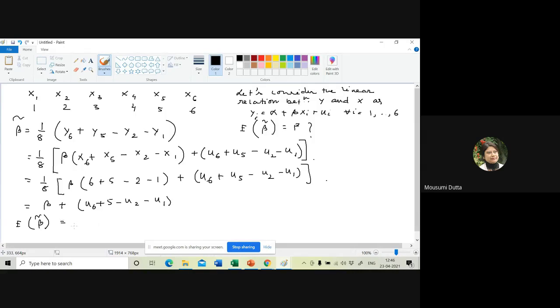So expectation of beta tilde is equal to beta, so beta tilde, this alternative estimator, is an unbiased estimator of beta. The researcher proposed really an unbiased estimator of beta. Okay, so please add, hence beta tilde, that is a proposed alternative estimator of the regression coefficient, is an unbiased estimator of beta.